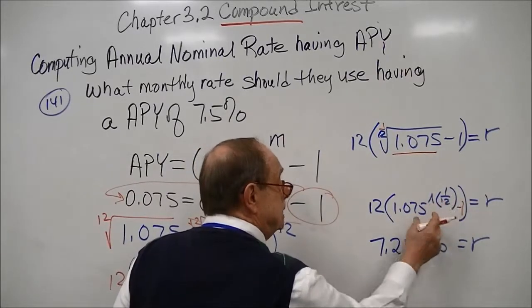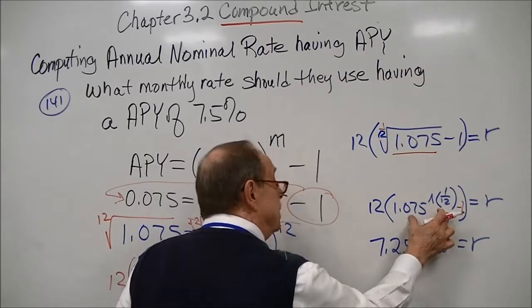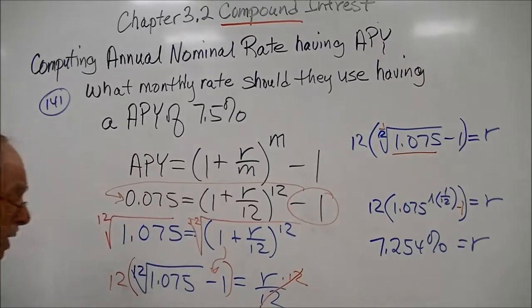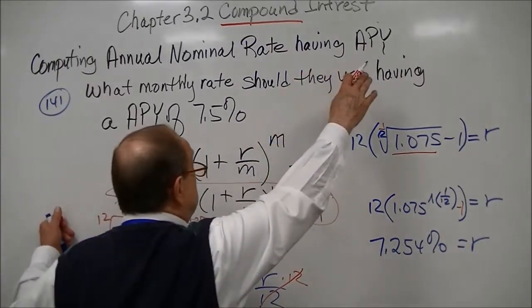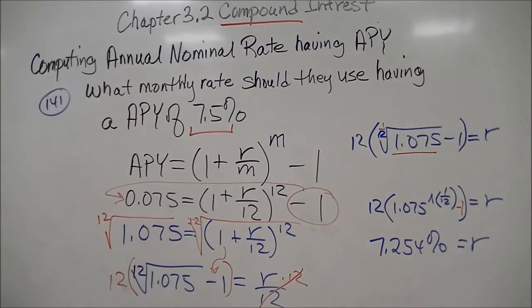Put that in parentheses, subtract 1 from that, multiply it by 12, and that gives you approximately 7.254% as your monthly rate. But the APY, we know, is going to be 7.5.